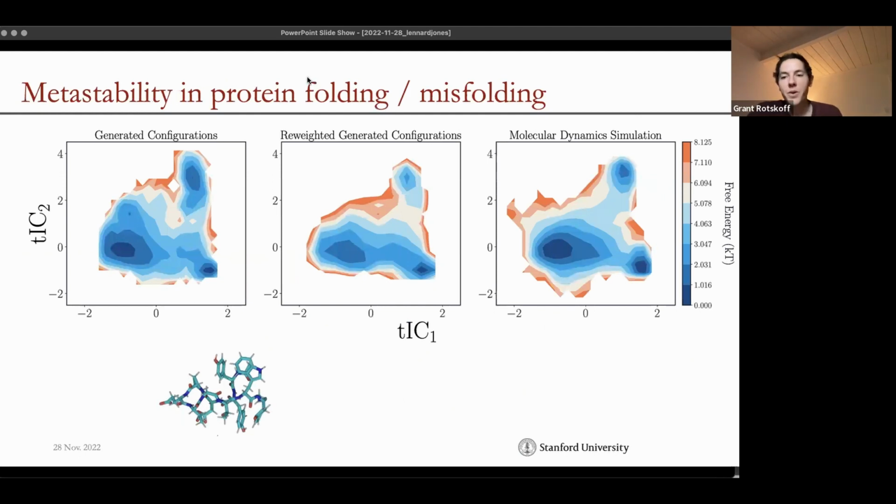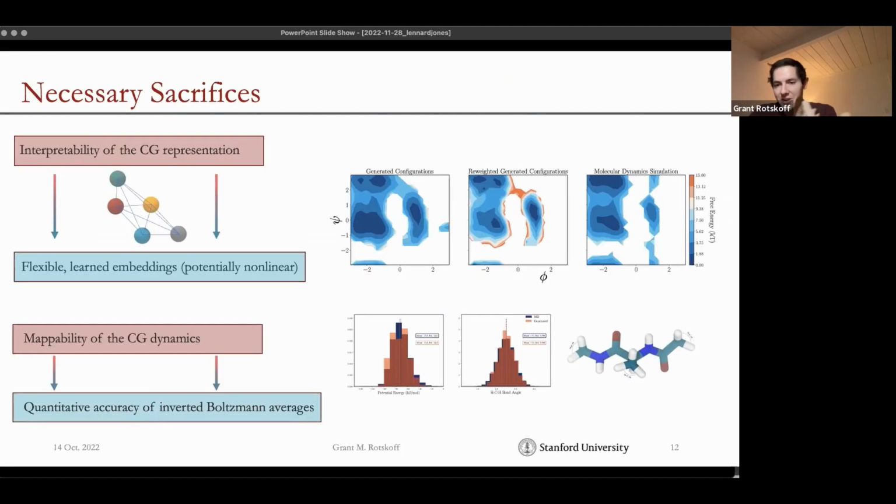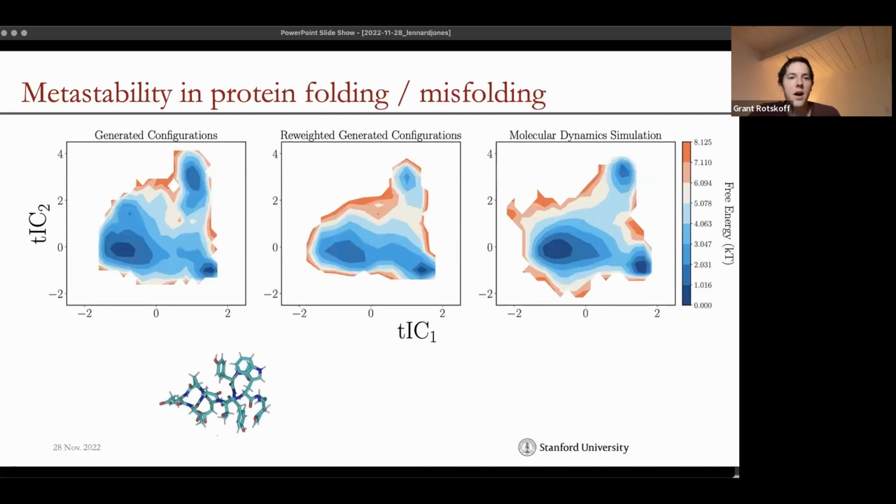So we can do this for alanine dipeptide, which is the last example, and everything is perfectly accurate, but alanine dipeptide is a pretty easy example. So we also looked at generating distributions for chignolin, which is a more complicated example, still a small protein, but one that's relatively complex.